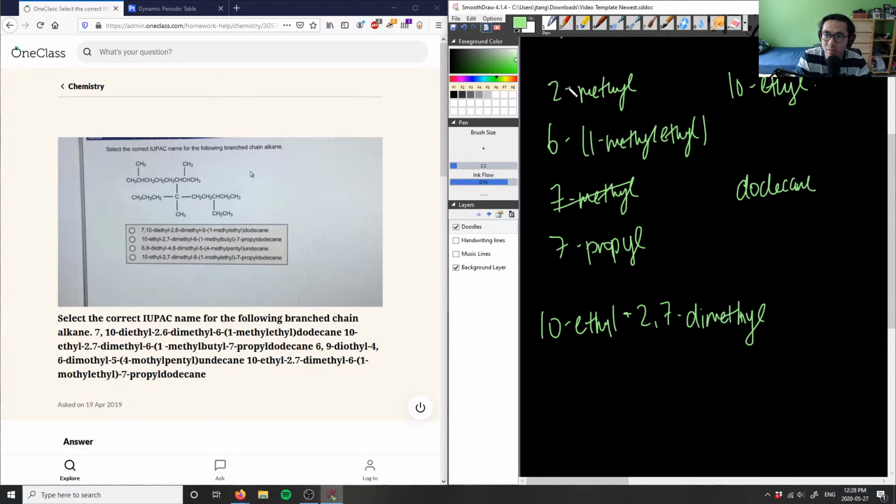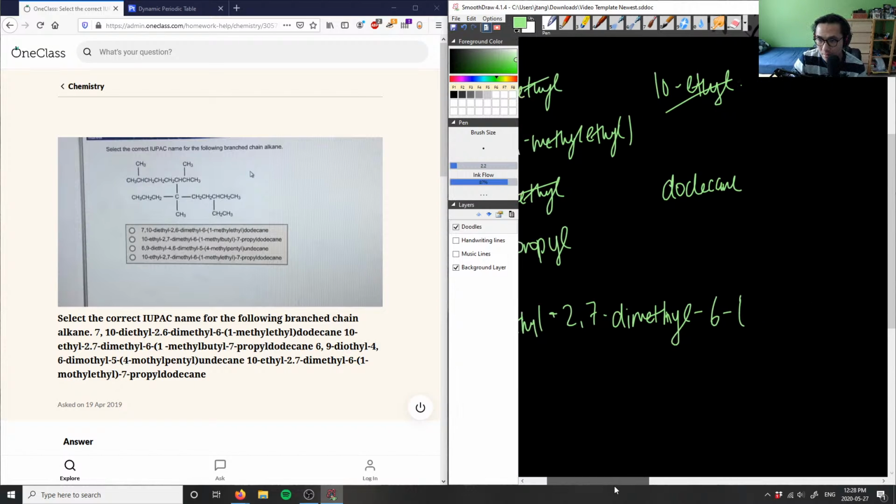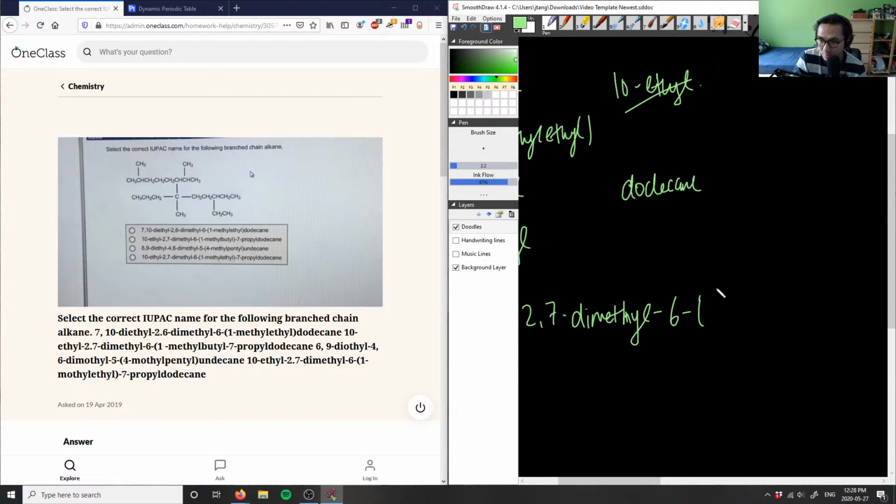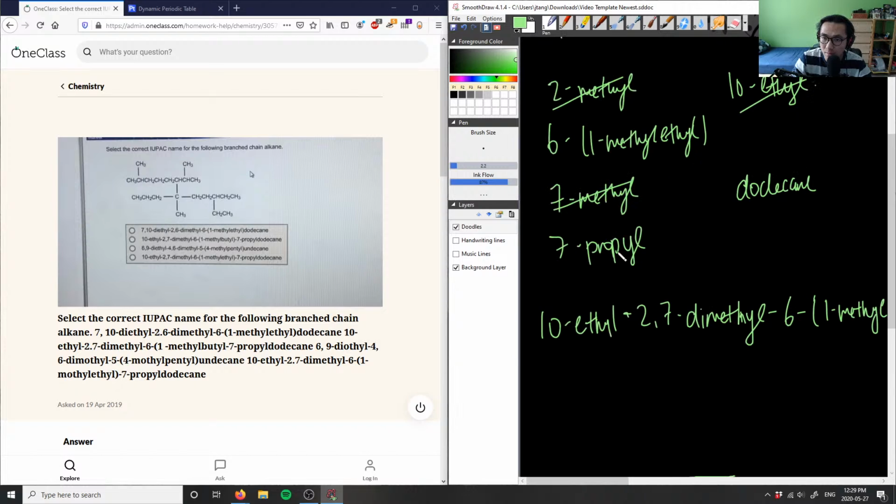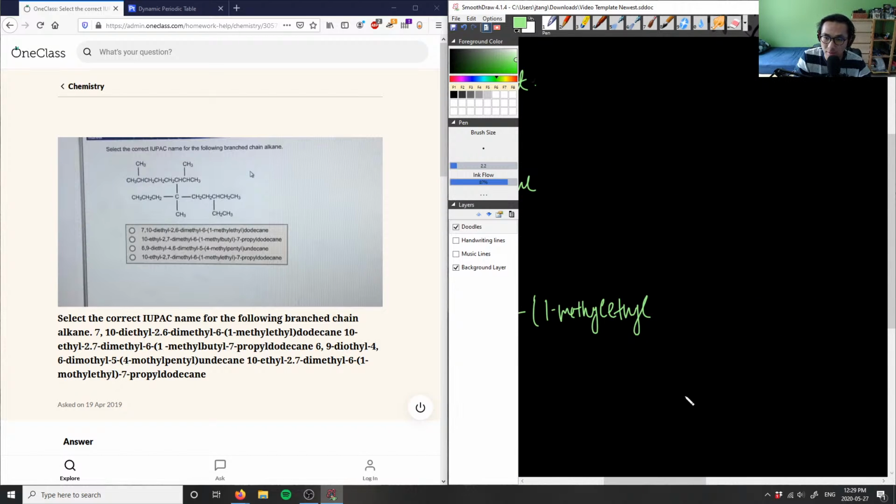So these are good. 10 ethyl is good, and then I have 6, and this is 1 methyl ethyl, or you can say isopropyl, it's up to you. In this case, I'll do a methyl ethyl. 1 methyl ethyl, that's good. And then 7 propyl, and then dodecane. So my answer here is D.